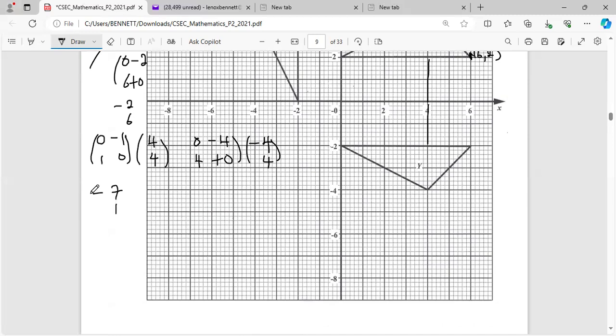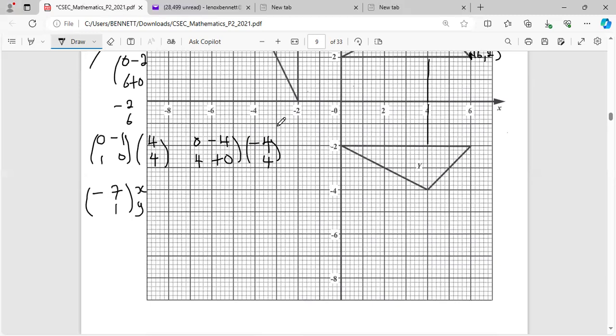Meaning, think of translation as if x is negative, we're going to move 7 places to our left and 1 up. So I'm going to clear this off because it should be going in this direction: -7 and then go up.